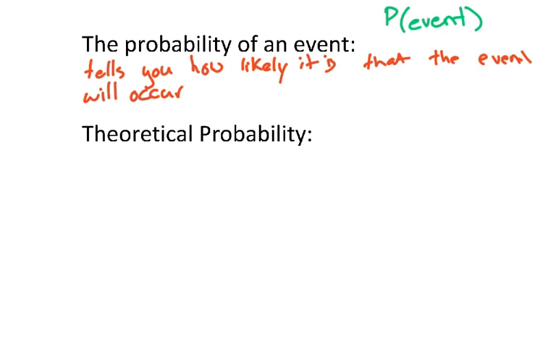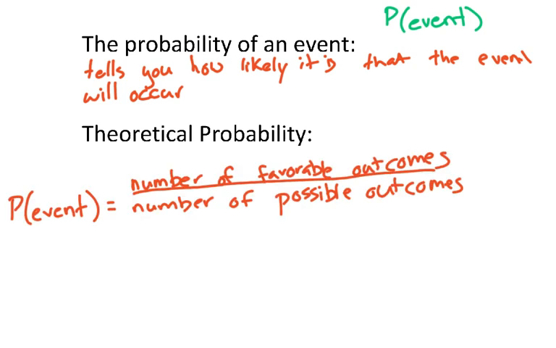Your theoretical probability, how we would find our probability, is that the probability of an event is the number of favorable outcomes divided by the number of possible outcomes.